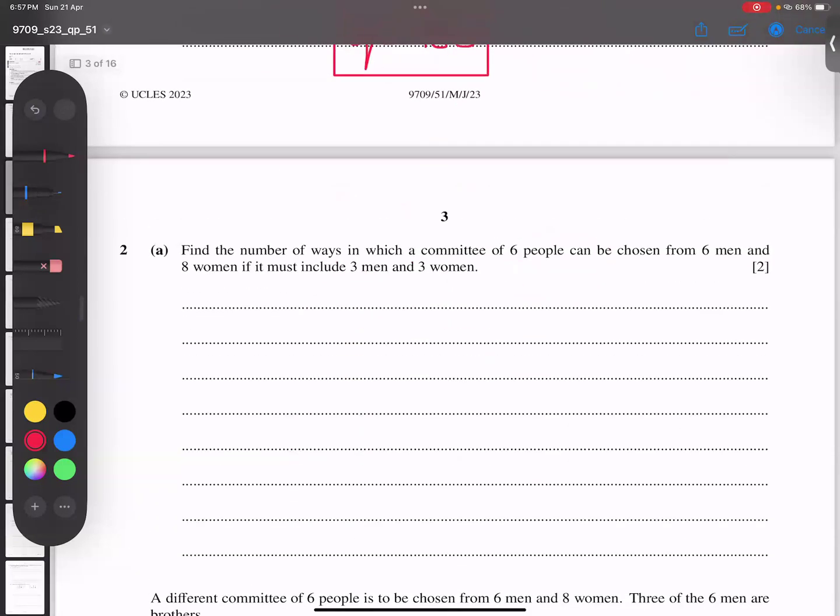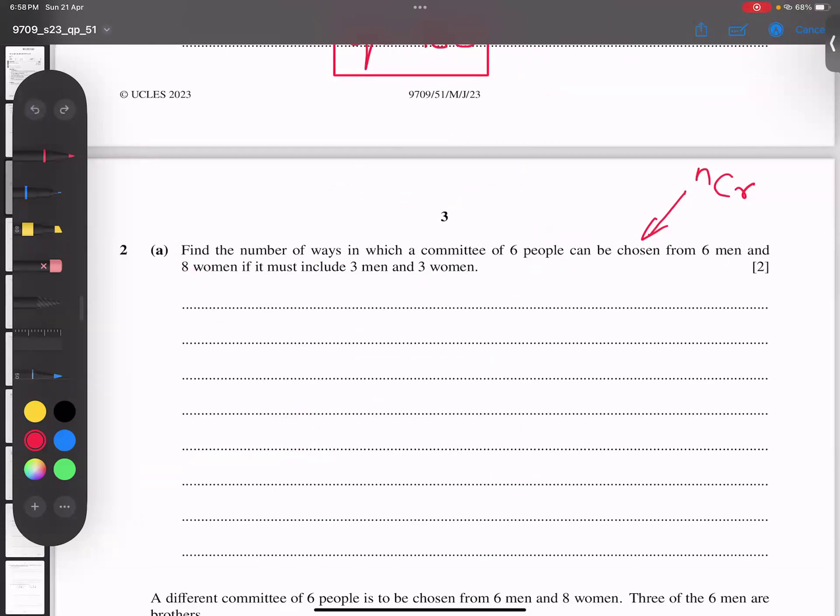Question number 2. Students, find the number of ways in which a committee of 6 people can be chosen. When the word chosen comes, it is called combination, the nCr technique. So combination means the nCr technique. There are 6 men and 8 women.